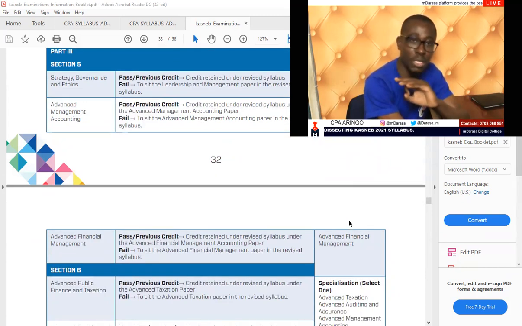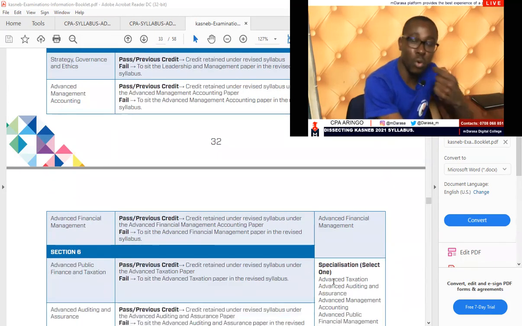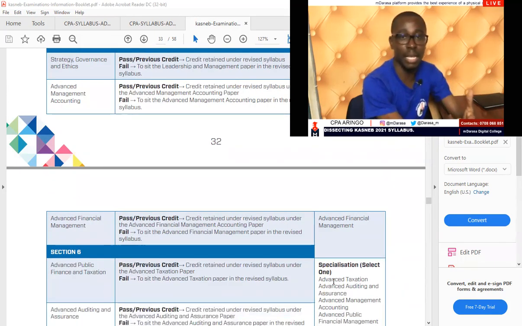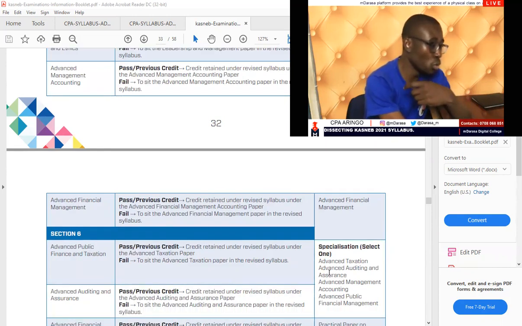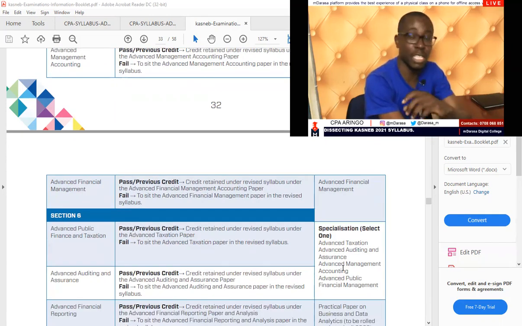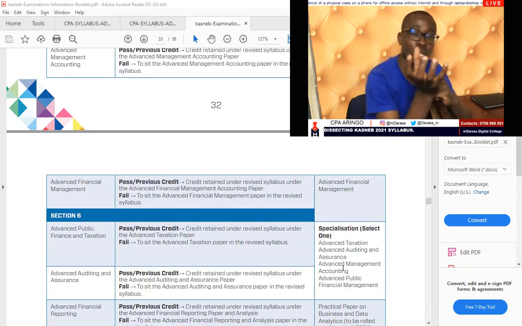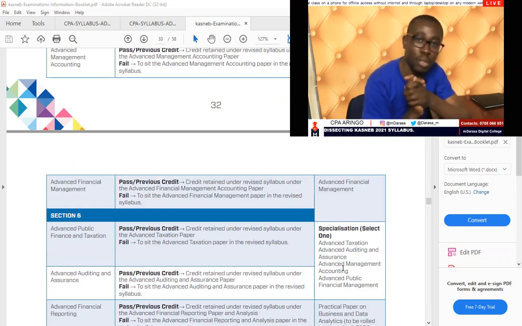Then the other three units are advanced taxation, advanced auditing and assurance, and advanced management accounting, all under the new syllabus, which you are rolling out from next week. These are for the students who will be joining section 5 and 6, or rather term it as advanced level.